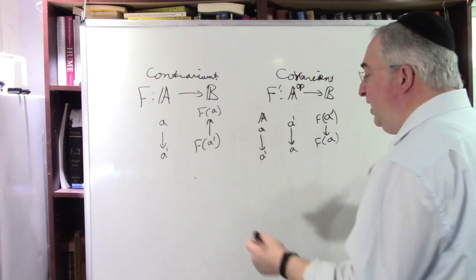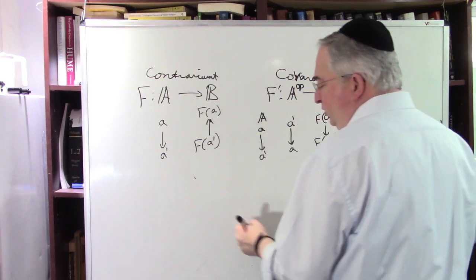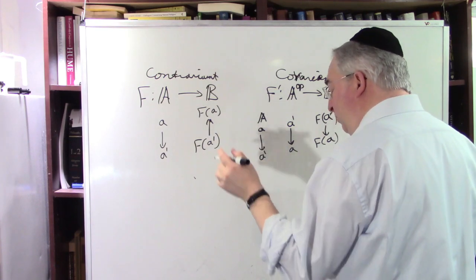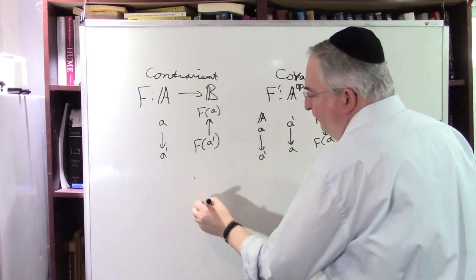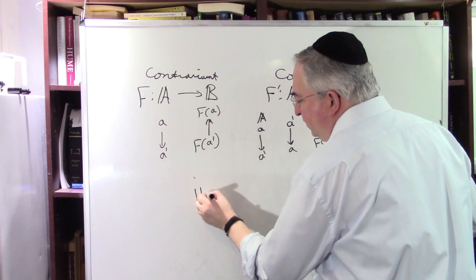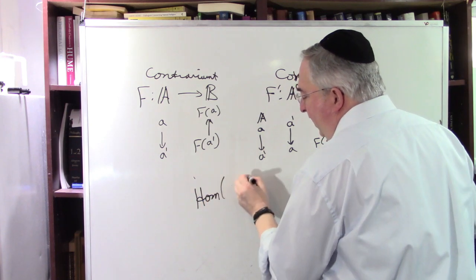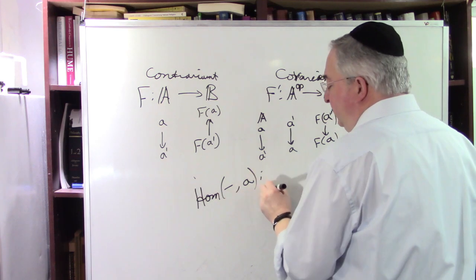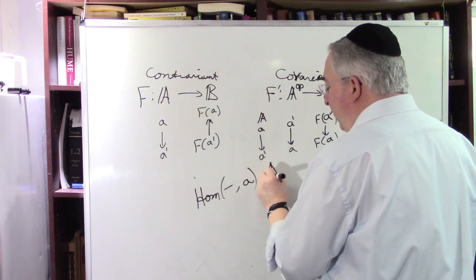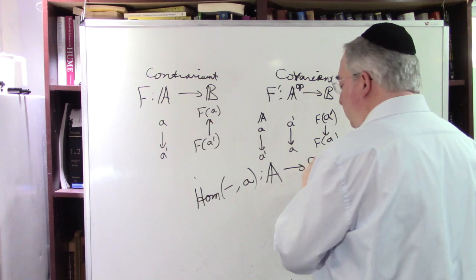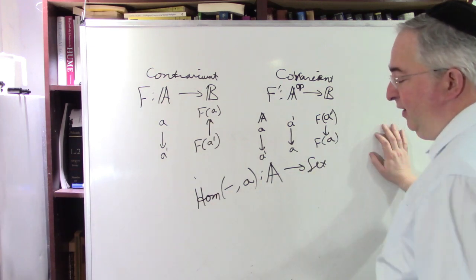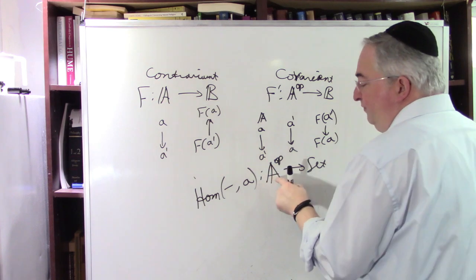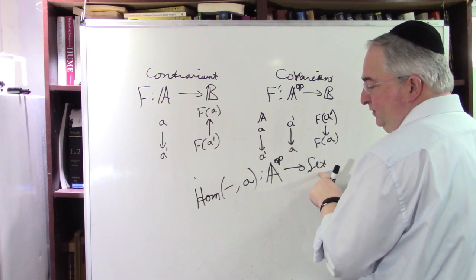So for example, that representable functor that we just saw, let's do both examples. The representable functor, we can write it as follows. Here I had dash comma A, and I said this goes from A to set, and that this is contravariant. But I could also say this is a covariant functor from A opposite to set.